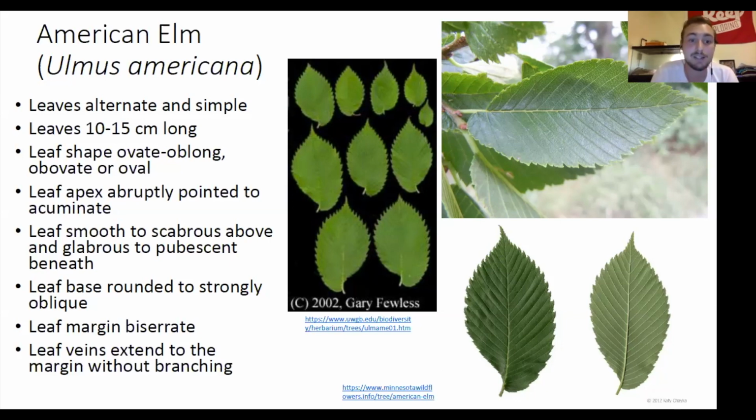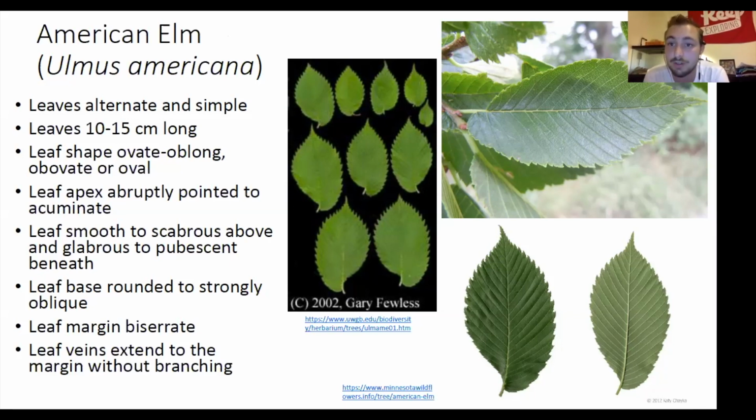The apex is acuminate or abruptly pointed, so you can see that really pinched tip of the leaf. It can be smooth to scabrous, so rough to the touch above, but is usually smooth beneath. Our leaf margin is biserrate, so you can see this tooth has another little tooth, so it's doubly serrate. And the leaf veins extend to the margin without branching.